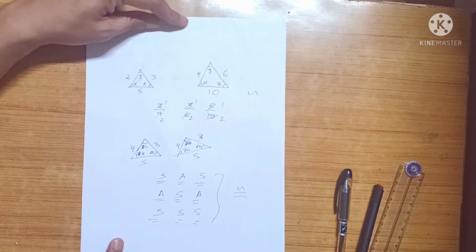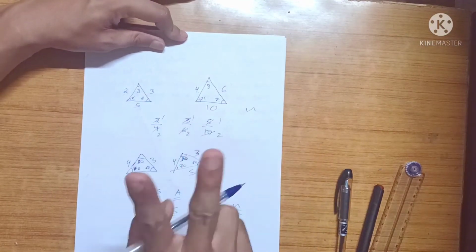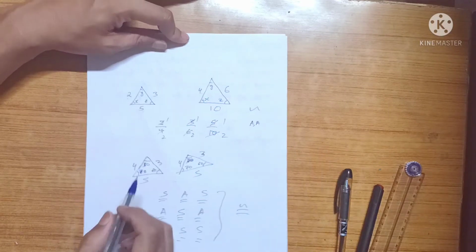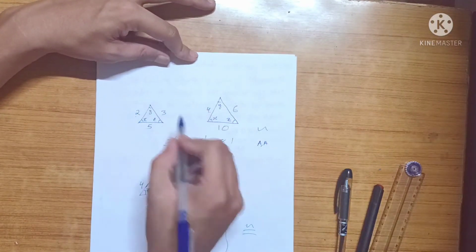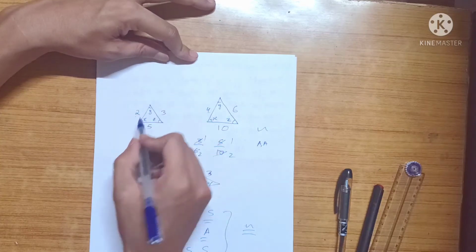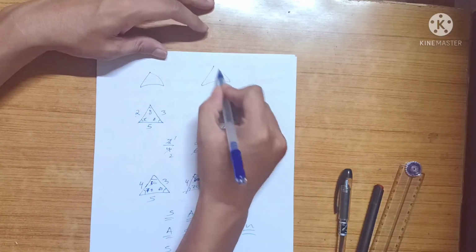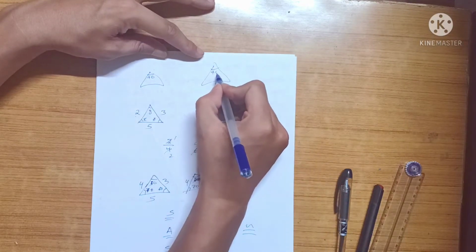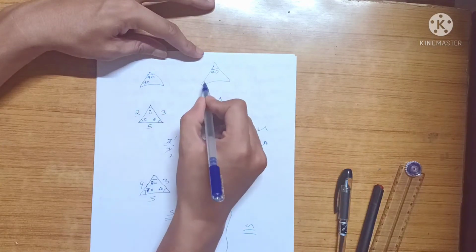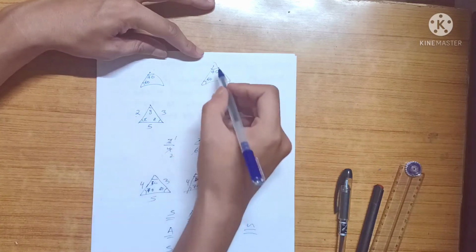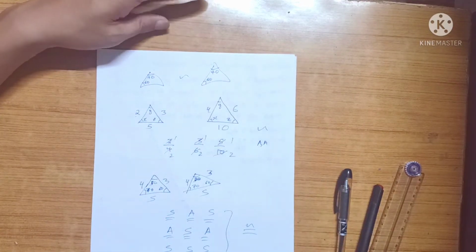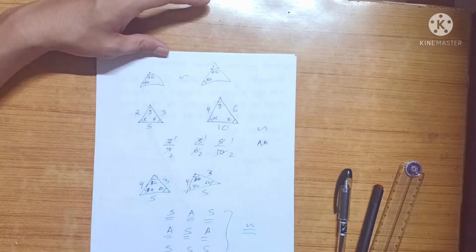So for similar triangles, there are only 2 ways to show it. One is AA, which means 2 angles are the same. Suppose in these 2 triangles, this is 70, this is 70, this is 60, this is 60. If these 2 are the same, we can already say that these 2 are similar. Why? Because the third angle will automatically become equal.